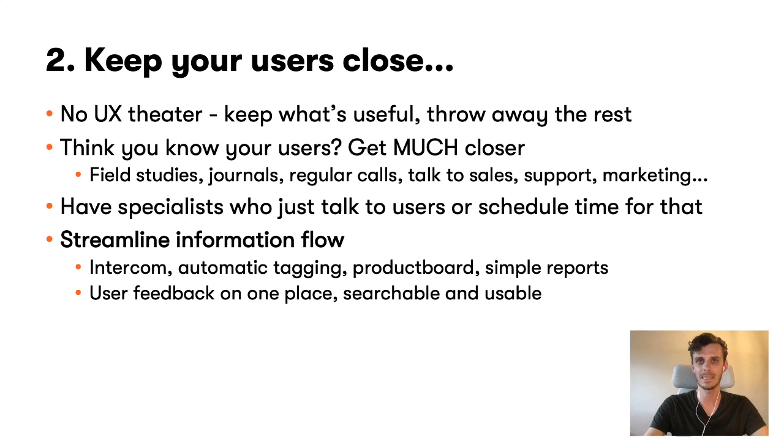And we have very simple reports, basically just a table that tells us how we are doing, what sort of data we are gathering. And all of our user feedback is in one place. It's very searchable and it's very usable. And almost everyone in the company has access to that.